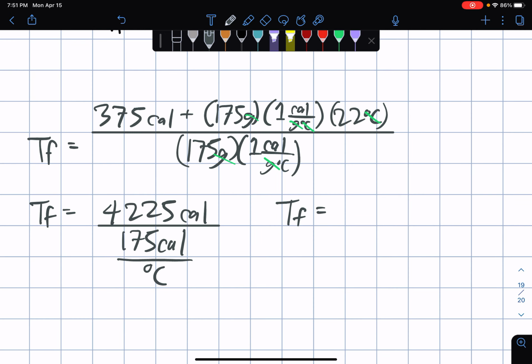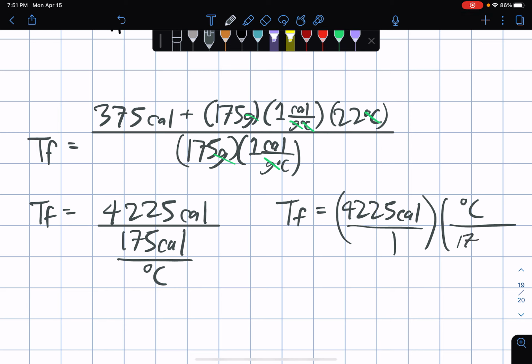So 4,225 cal over 1 times degrees Celsius over 175 cal.